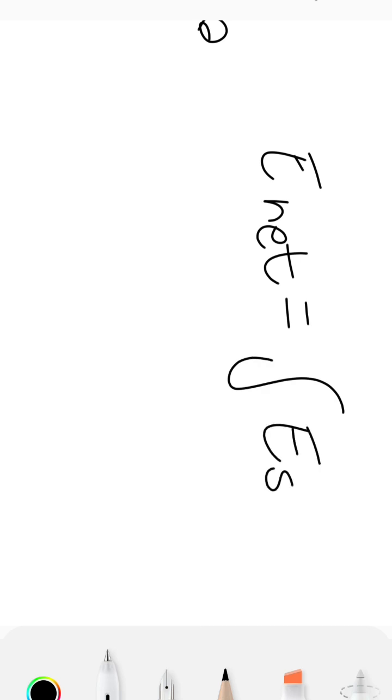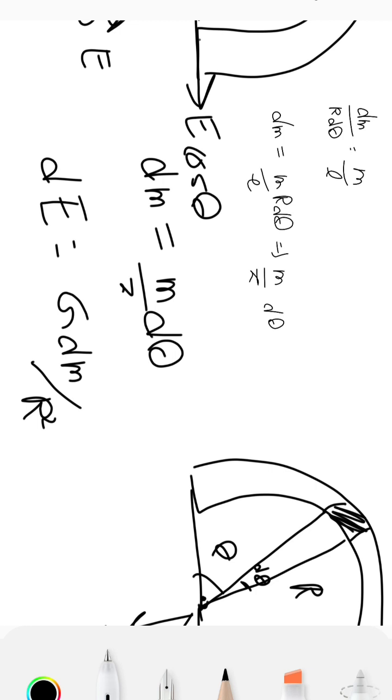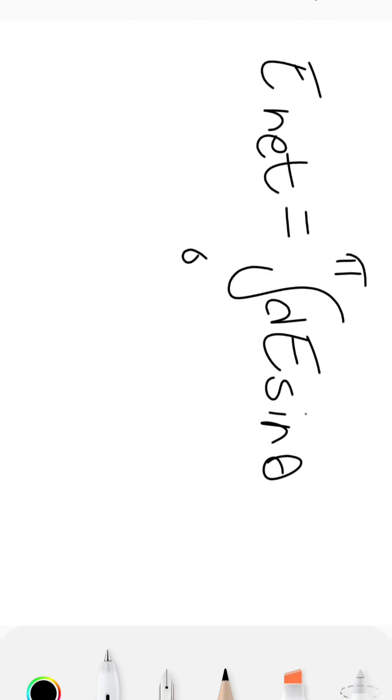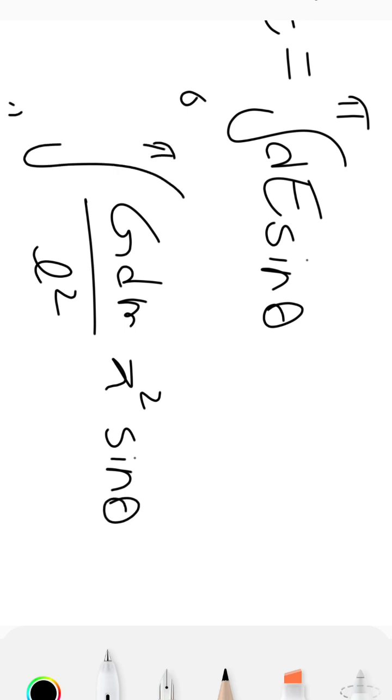So you can write that E net is nothing but integration of dE sin theta from 0 to pi. So what is the value of dE? It is G dm by r square. So G dm by l square by pi square sin theta from 0 to pi.